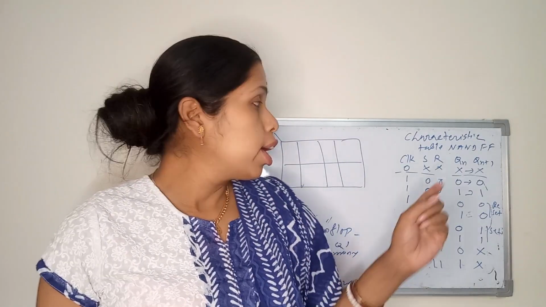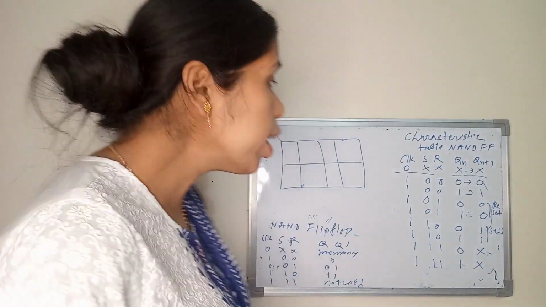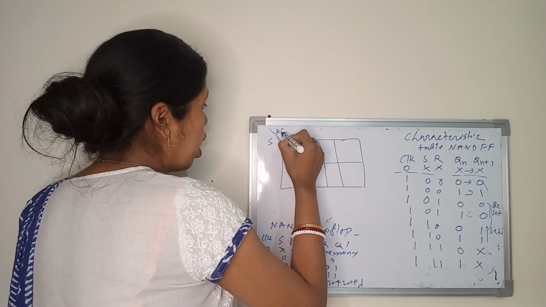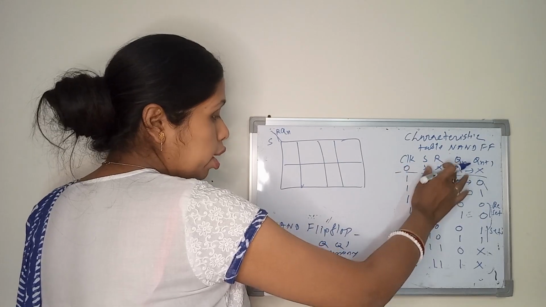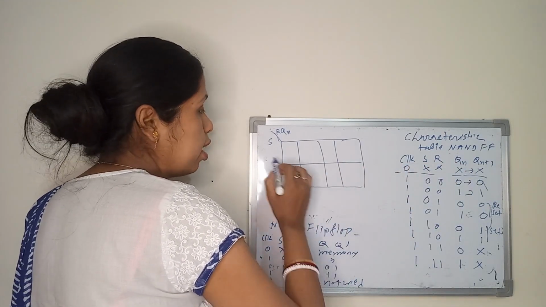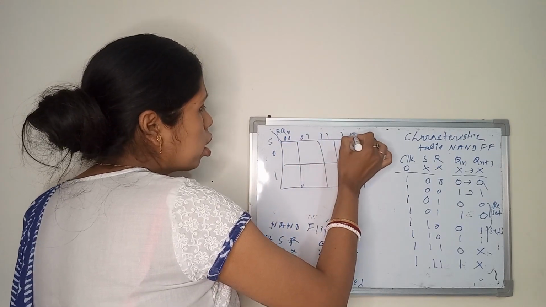So S, R and Qn are my three inputs in the present state. By considering S, R, Qn, there are a total of 8 combinations, so I am drawing 8 cells: 0, 0, 0, 1, 1, 1, 1, 0.